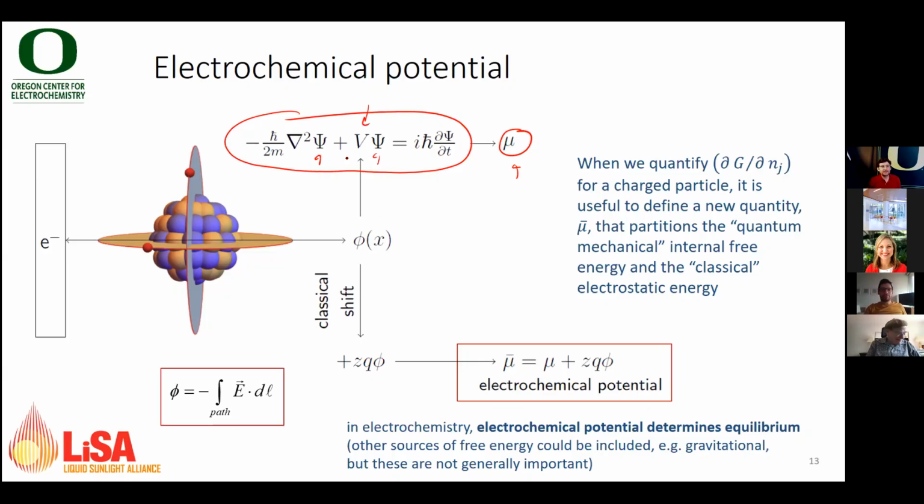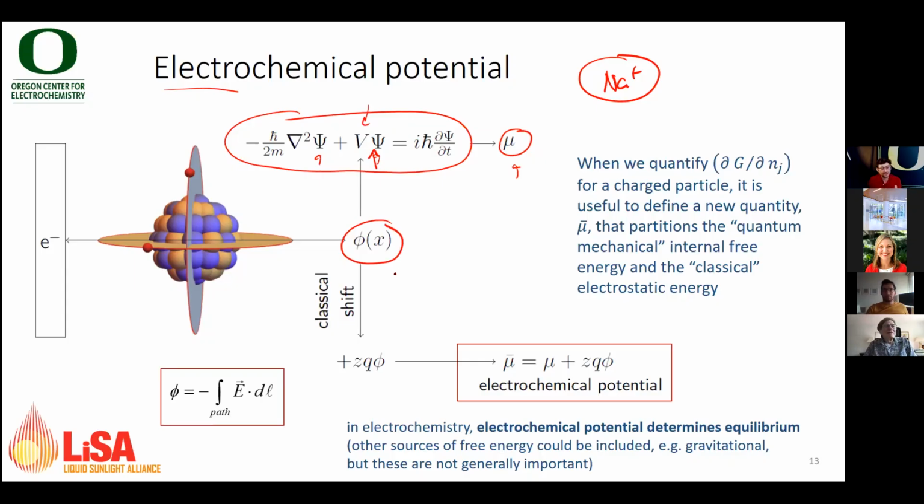So one of the things that's confusing about electrochemical energy is that we're going to partition the electrostatic effect. Imagine I have an ion and I want to know the free energy of the ion. We're going to partition the effect of the nuclear electrostatics, which you would put in the Schrodinger equation to calculate the energy of this ion, from the macro-scale electric potential effects.